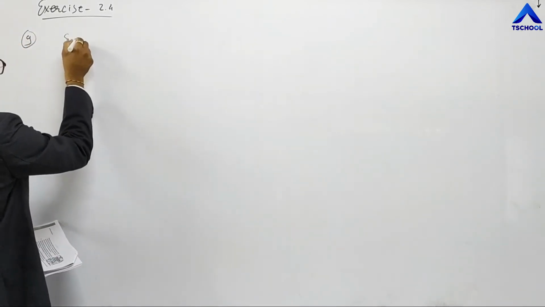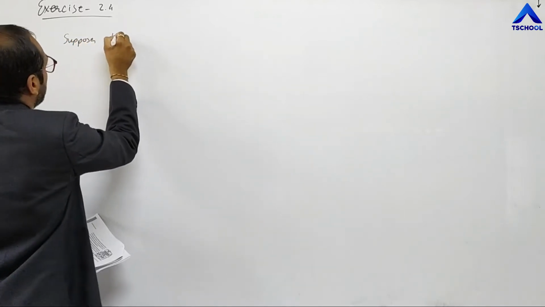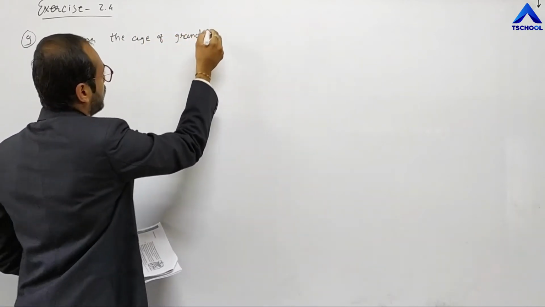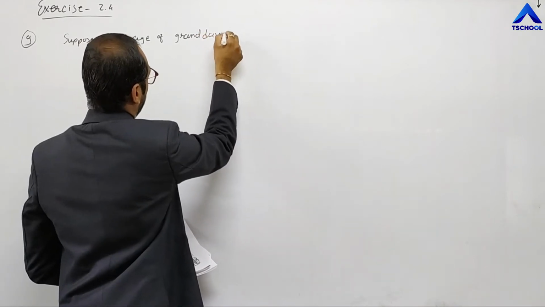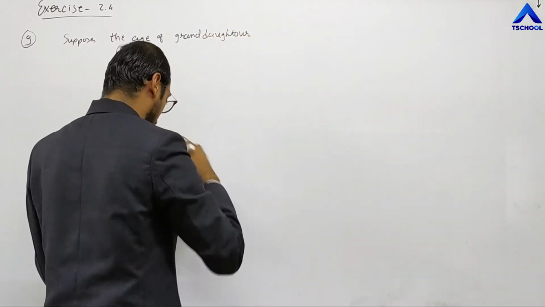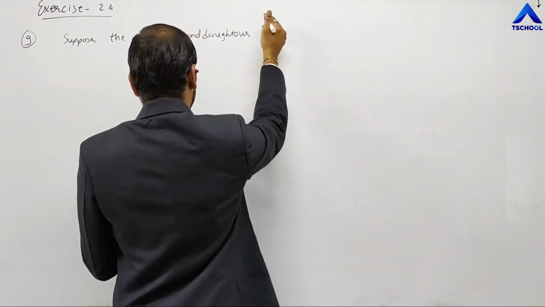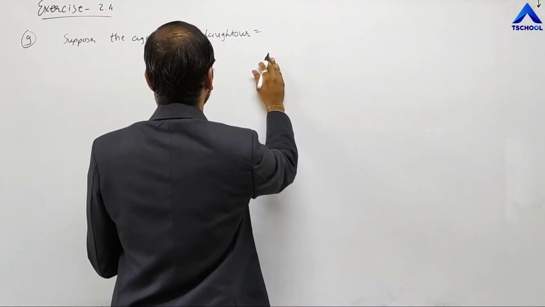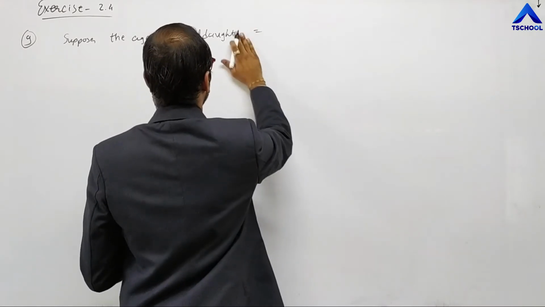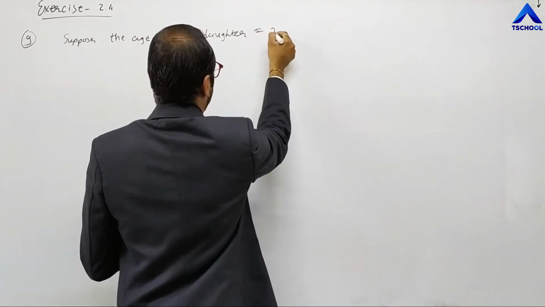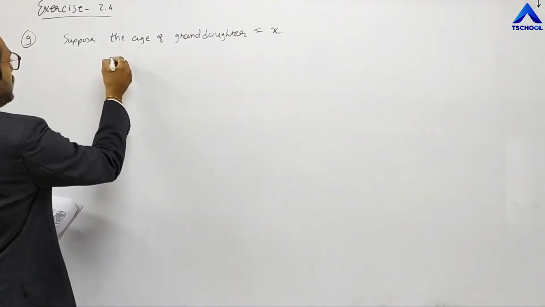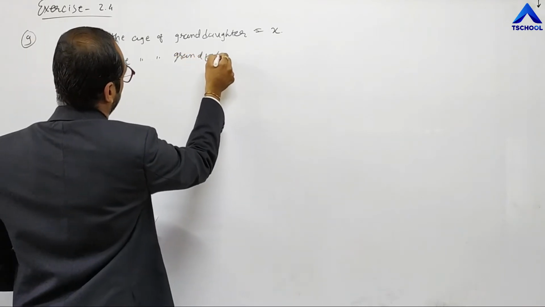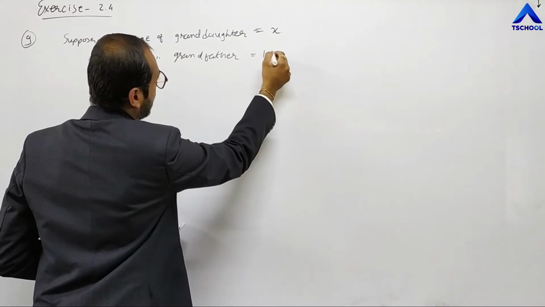So suppose the age of granddaughter be x, and the age of grandfather be 10x.